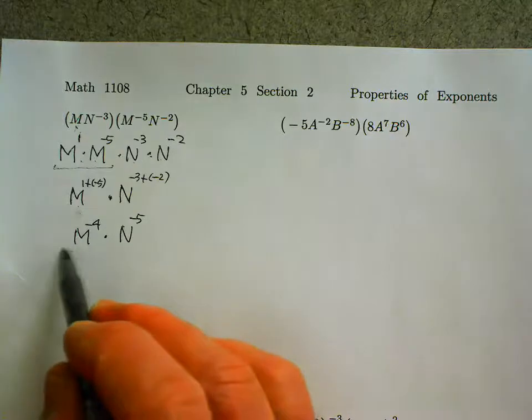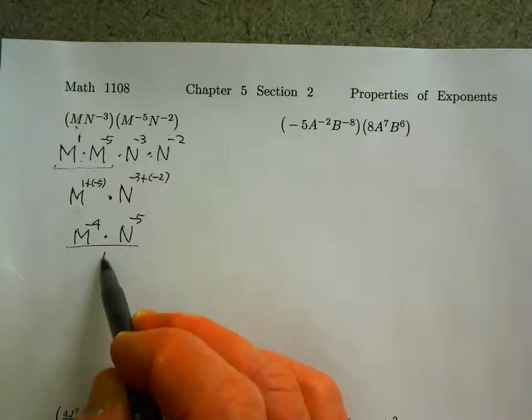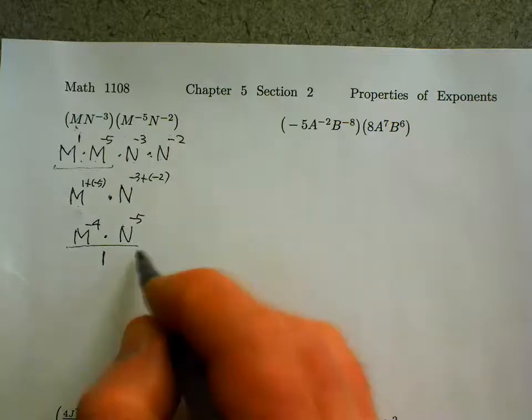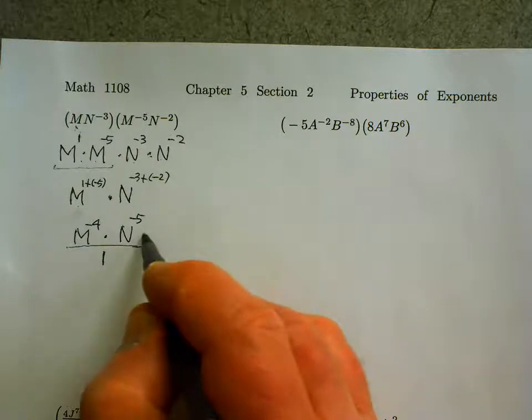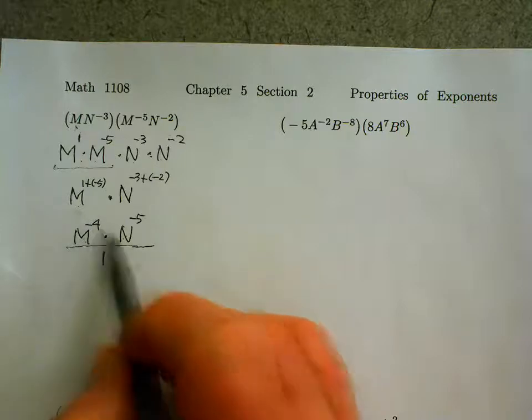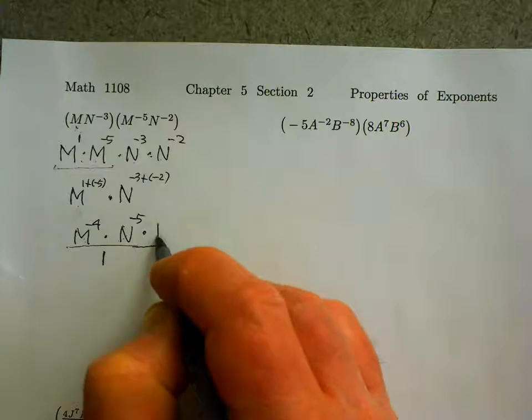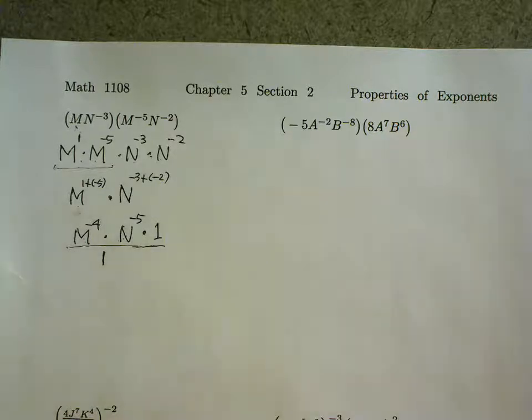So now we want to remind ourselves that the denominator is 1. And since both factors in the numerator have negative exponents, we also want to remind ourselves that 1 is a factor in the numerator.